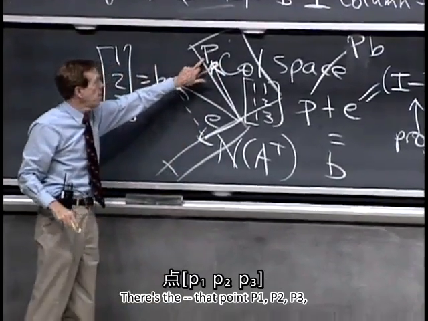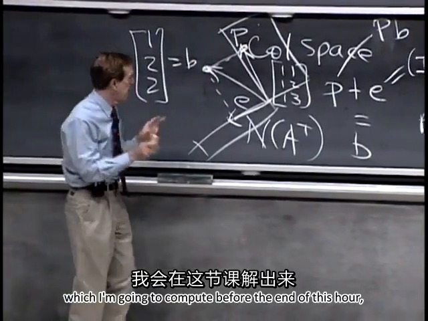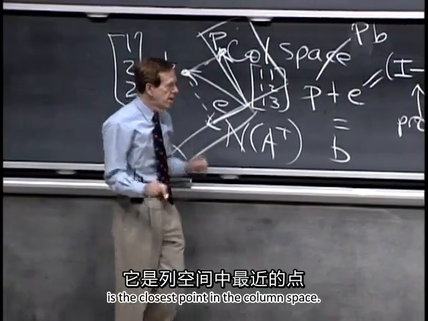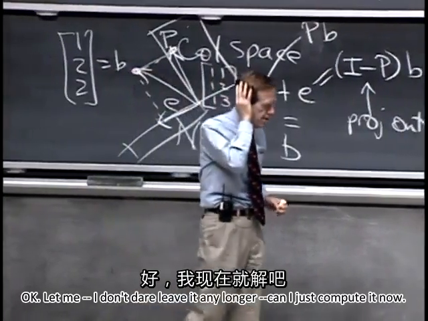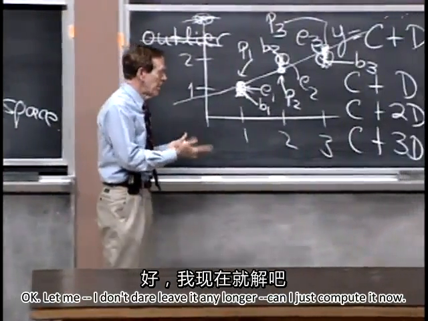There's that point P1, P2, P3, which I'm going to compute before the end of this hour, is the closest point in the column space. Okay. Let me not, I don't dare leave it any longer. Can I just compute it now?